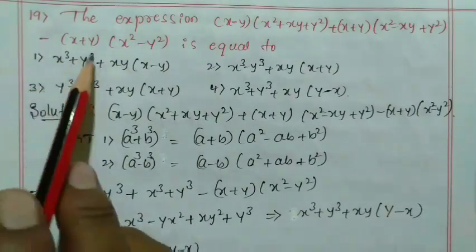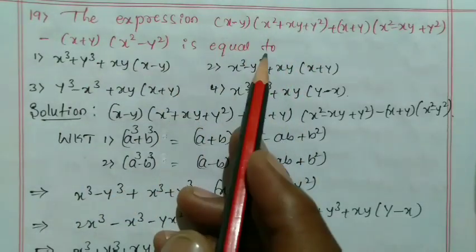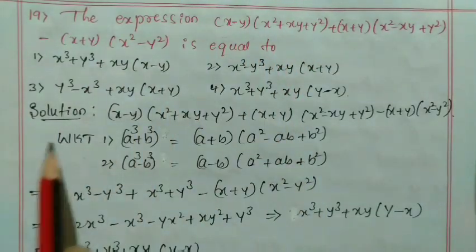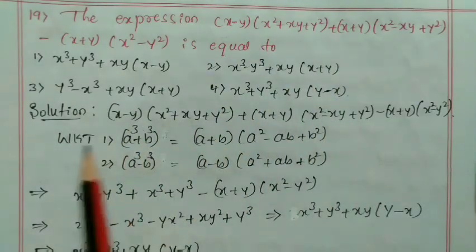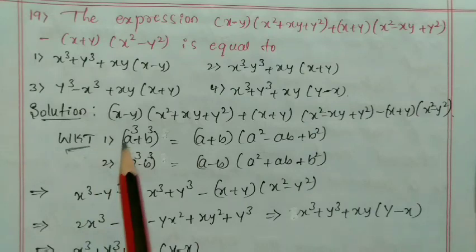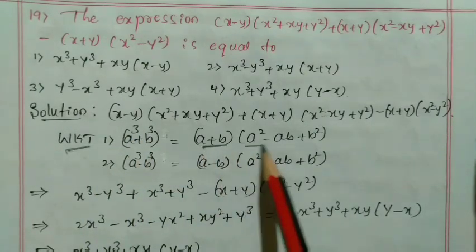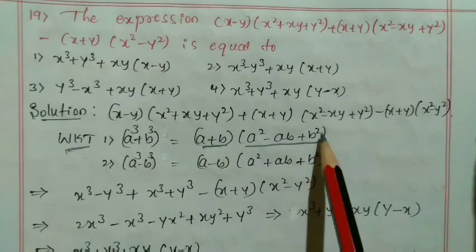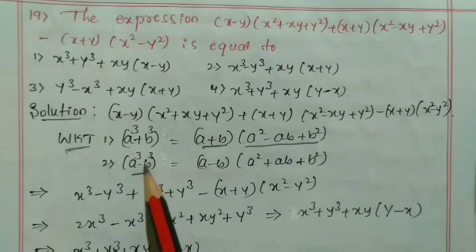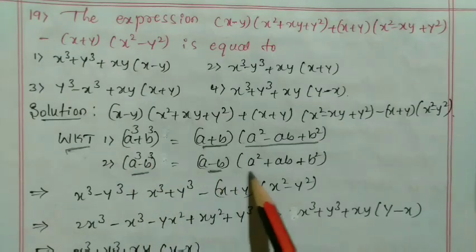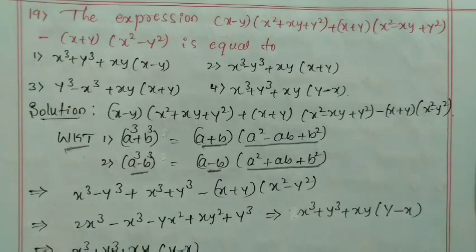Next I will go to the 19th question. The question is, this expression is equal to what? This is the question. So you can write here solution, after that you can write this given expression. Already we know a cube plus b cube is a plus b into a square minus ab plus b square, and one more formula we know, a cube minus b cube is a minus b into a square plus ab plus b square.